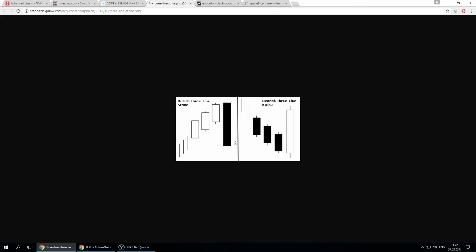What is similar with them? So we see that we have this pattern, though it's called 3-line strike, it consists of 4 candles. 3 of them should be the same color, and the next candle should start within the body of the previous one, as we see here.